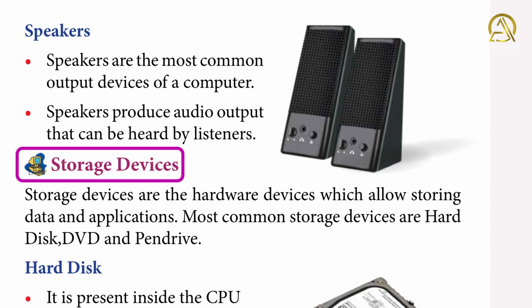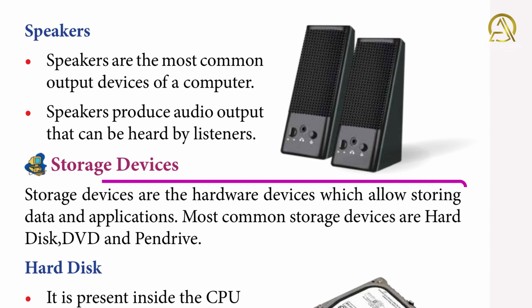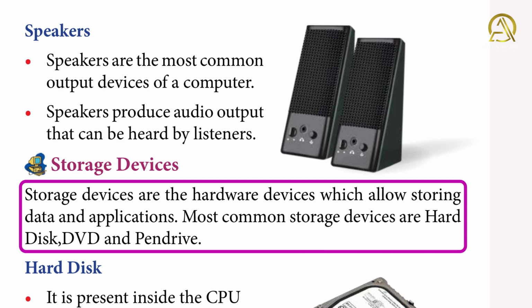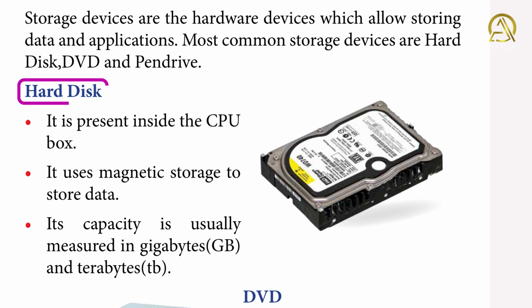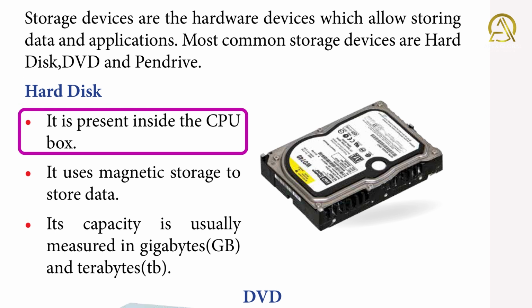Storage devices. Storage devices are the hardware devices which allow storing data and applications. Most common storage devices are hard disk, DVD and pen drive. Hard disk. It is present inside the CPU box.